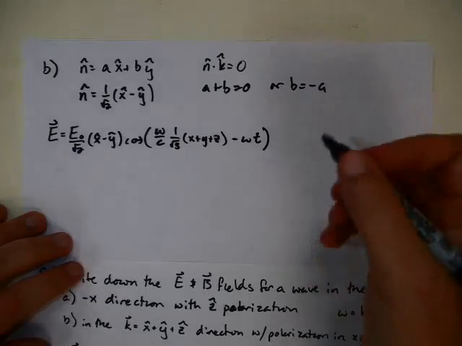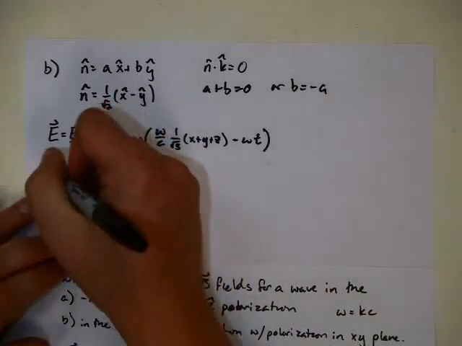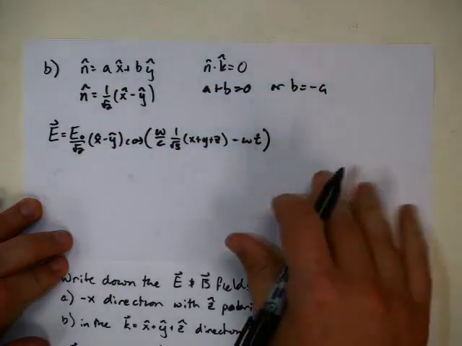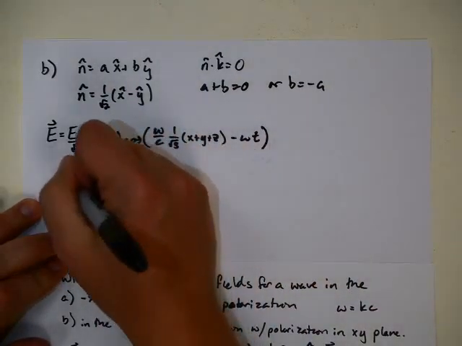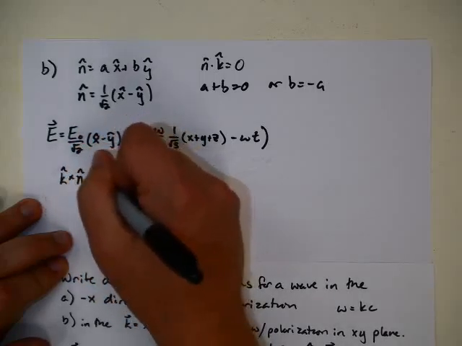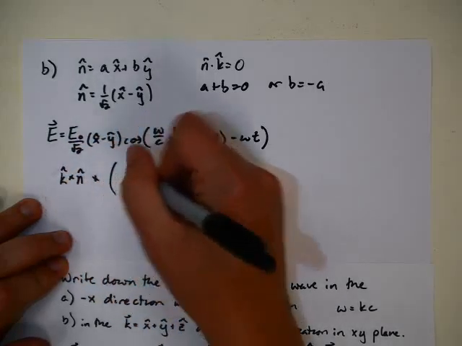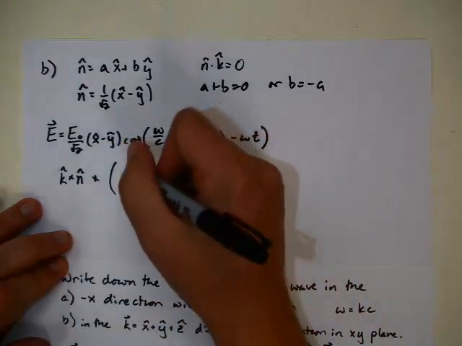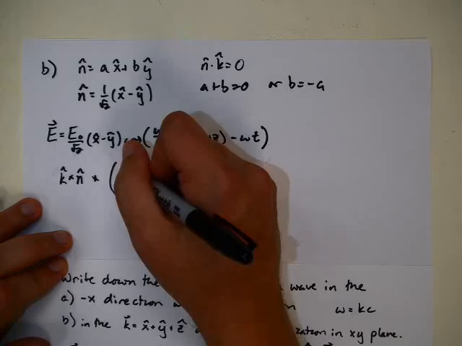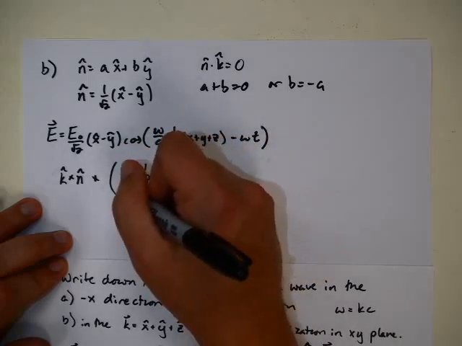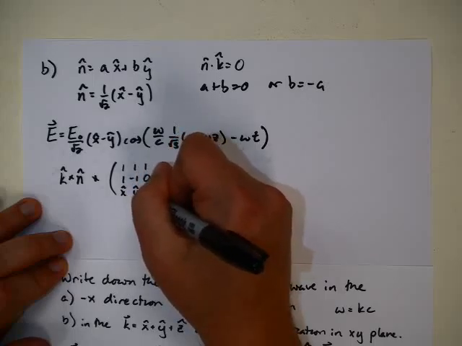To find the B field, I need to take the cross product of n hat and k hat. And so this is k hat cross n hat. If I were to write this out in matrix form, k hat is going to be written as 1, 1, 1, n hat is 1, minus 1, 0, over x hat, y hat, z hat.